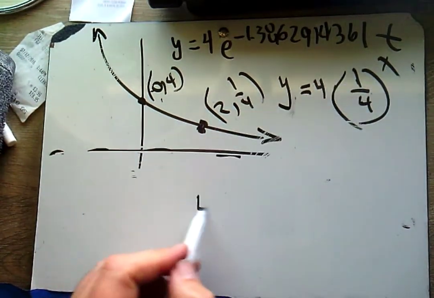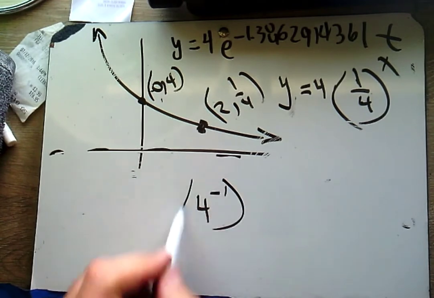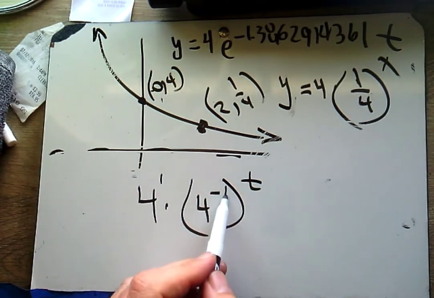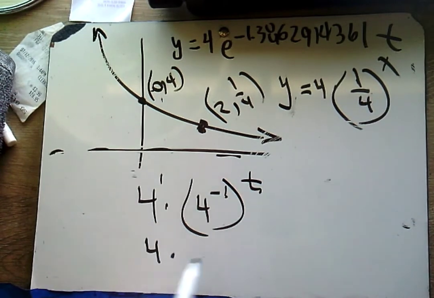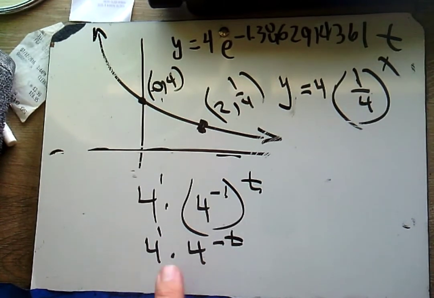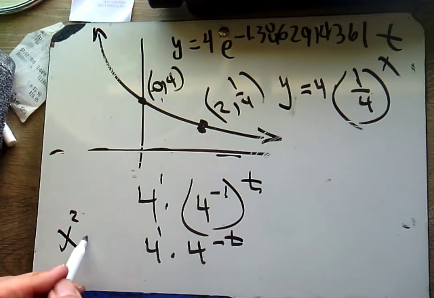Isn't 1/4 the same as 4 to the negative 1? And then when I raise a power to a power, I multiply the exponents. And look here, I'm multiplying and the bases are the same. What can I do with the exponents when I'm multiplying and the bases are the same?